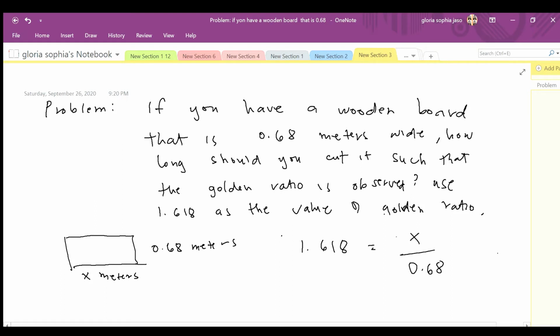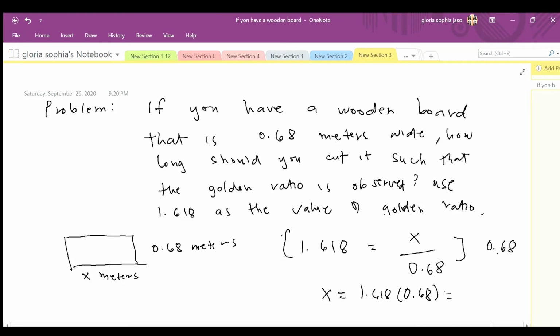So, in the golden ratio, a plus b over a is equal to 1.618. So, to find the value of x, we'll just multiply this equation by 0.68. So, x is 1.618 times 0.68.